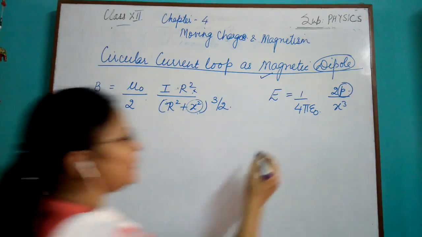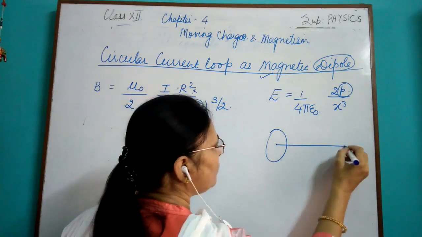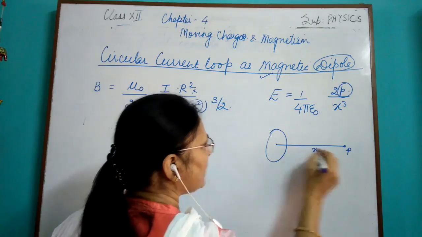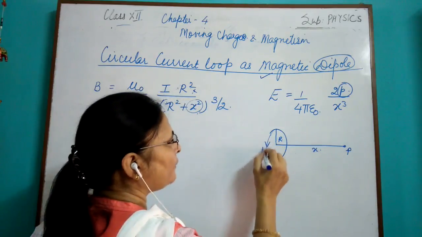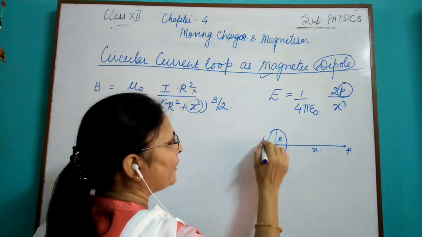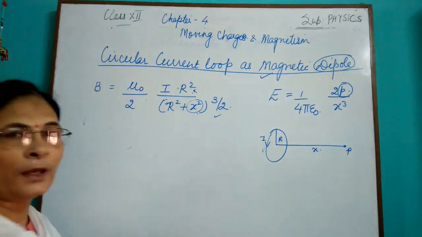This is the magnetic field which we have calculated for a circular current carrying loop at a distance x, in which the current carrying loop was having radius r. This was the expression we obtained.